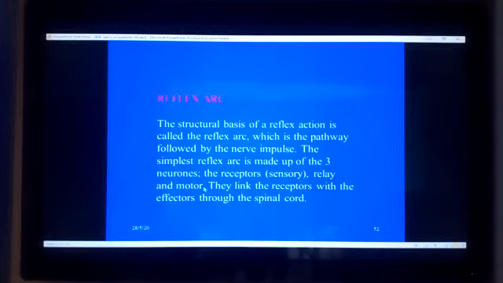The effectors could be a gland, or it could be a muscle. So the gland will be stimulated to produce secretions, for example, saliva, hormones, amongst others. The muscle will be stimulated or excited, and therefore contract, bringing about movement at the point.